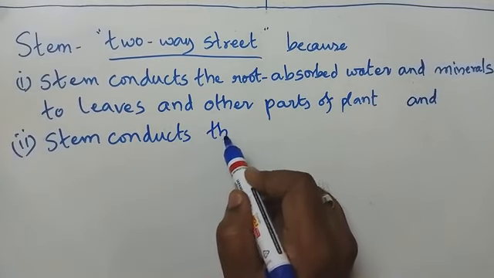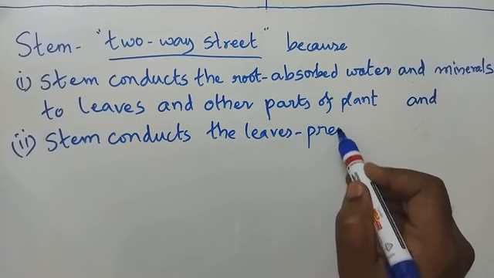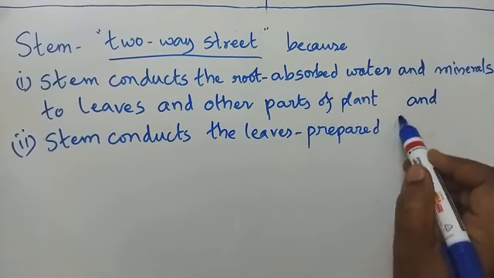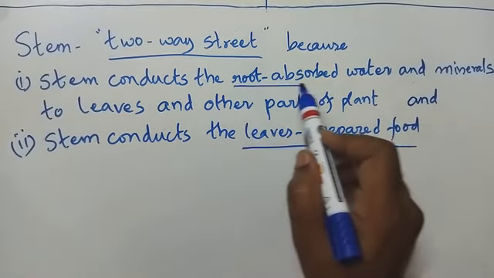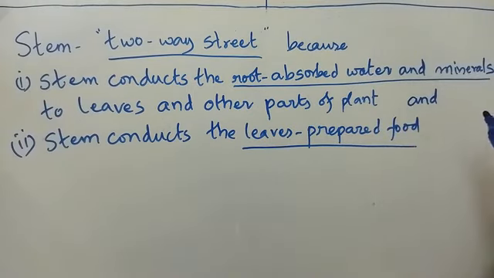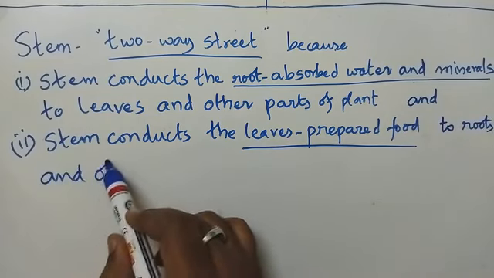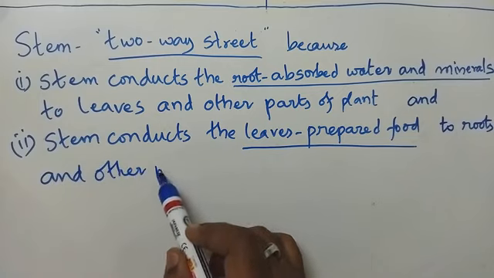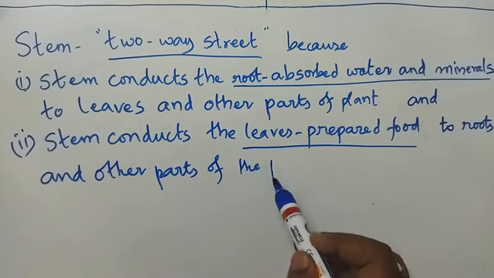Here, root absorbed water and minerals. Leaves prepared food goes to roots and other parts of the plant.